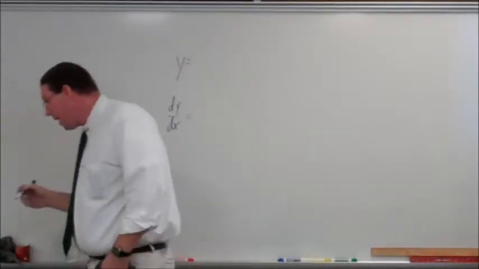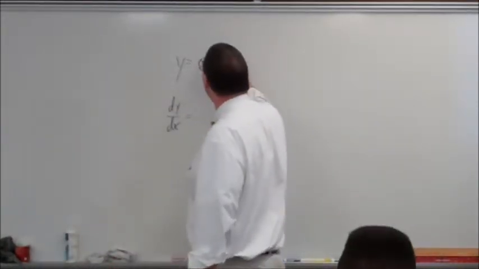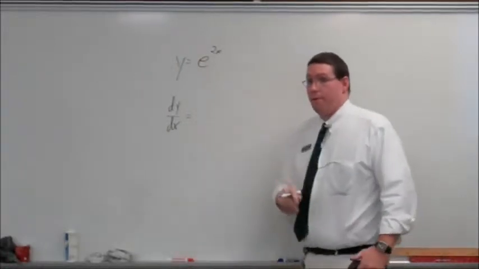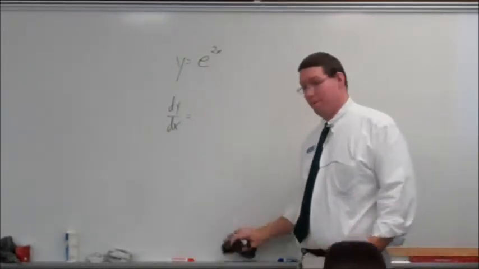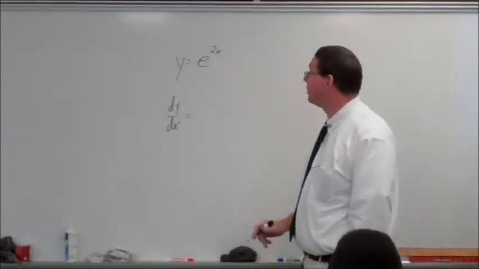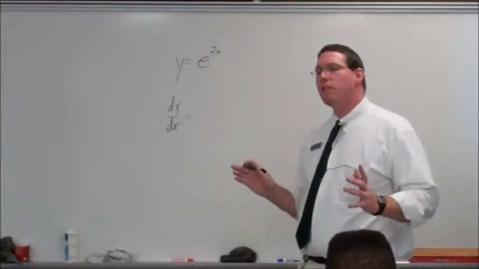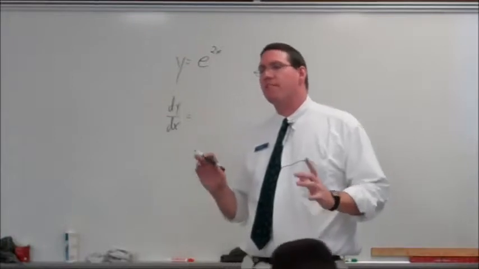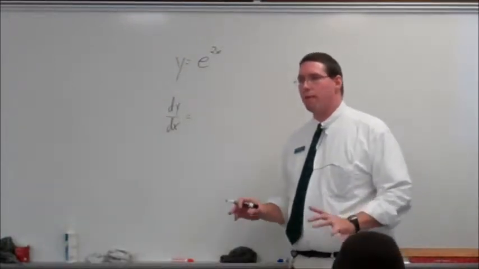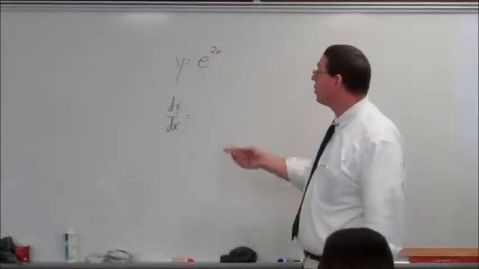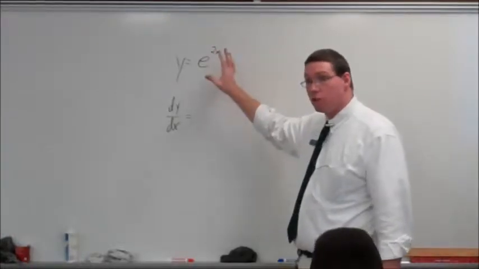How about e to the 2x? All right. So what do we got going on here? First of all, the first thing you should do when you're doing a derivative is think about what rules are being applied. Now, it is obvious we are going to apply the rule of exponential functions.